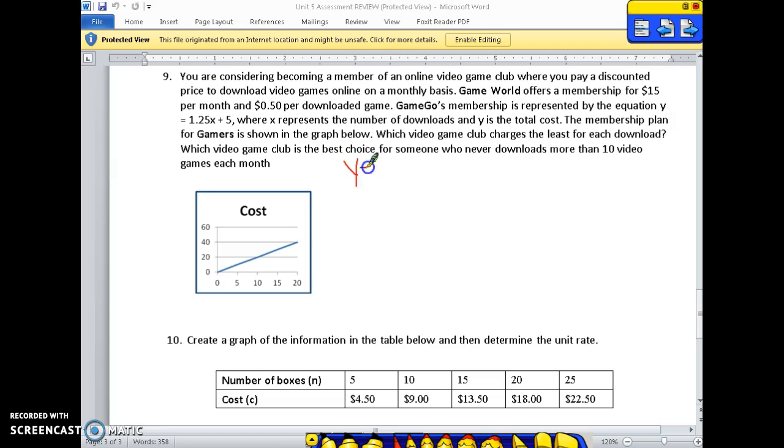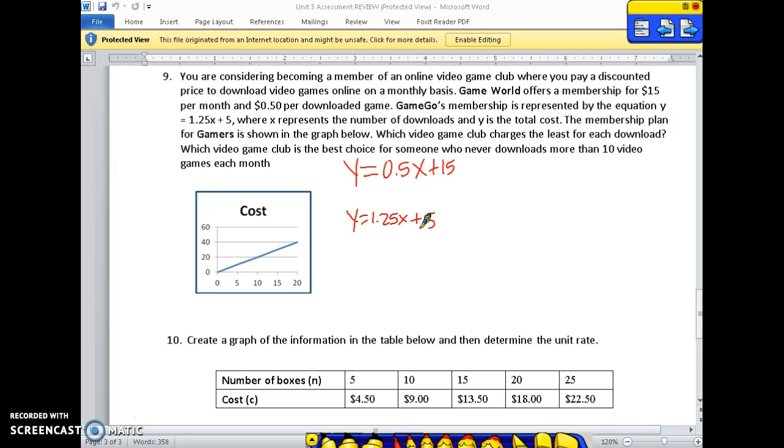So the equation for that is y equals 50 cents per download plus the $15 fee. GameGo's membership is represented by y equals $1.25 per download plus a $5 fee, where x represents the number of downloads and y is the total cost.